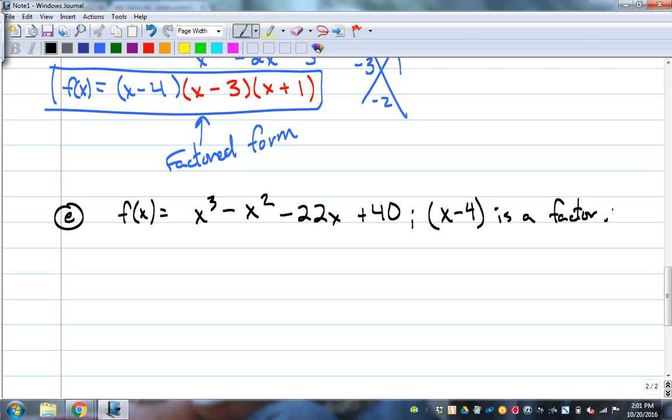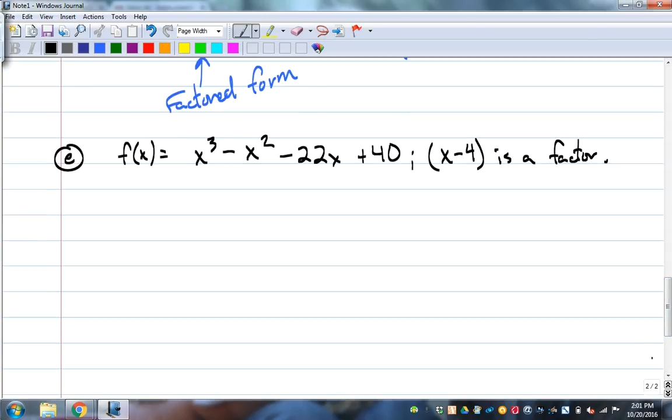I'm just using x minus 4 again. We're still going to do synthetic division with the x minus 4, because it's faster and easier than long division. Long division would work, but it's a lot more operations, a lot more work.